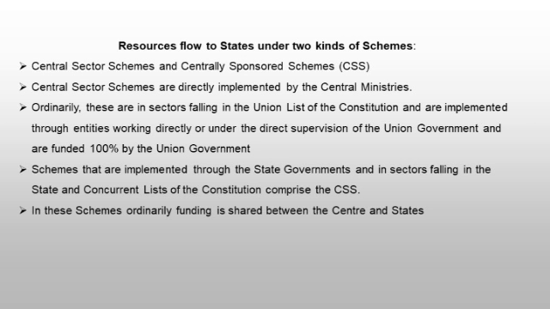A scheme related to the union list is generally called a central sector scheme. The central government agency will implement it, and 100% it is funded by the government of India. States have no role in that. Example, any highway project taken by NHAI, National Highway Authority of India: states have no role except land acquisition. Railway projects, major airports, major ports are central sector schemes.